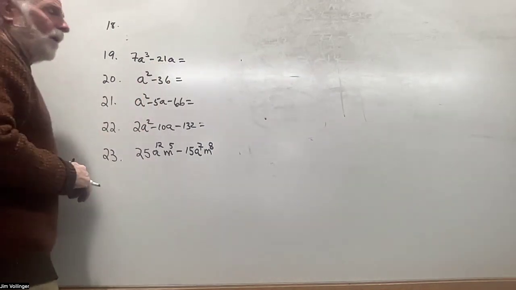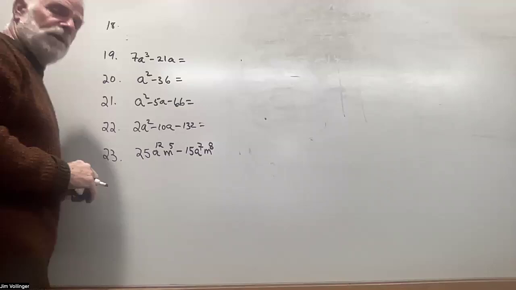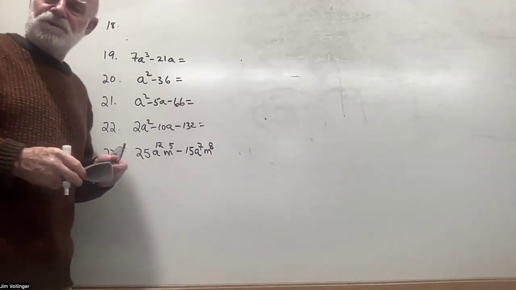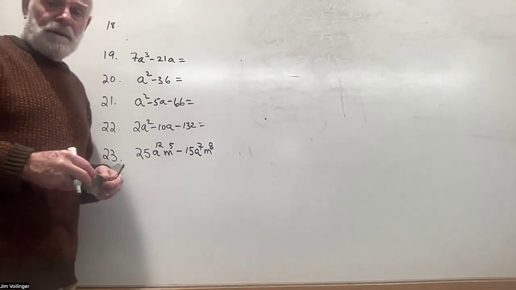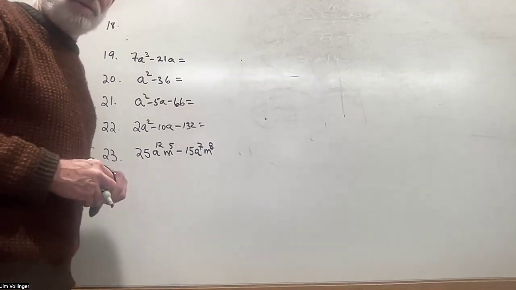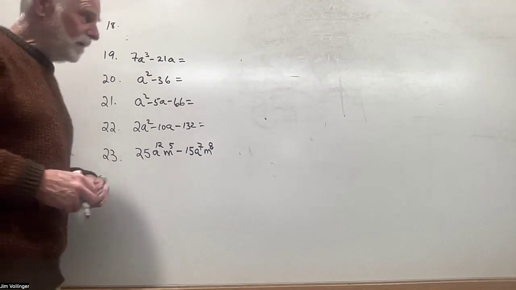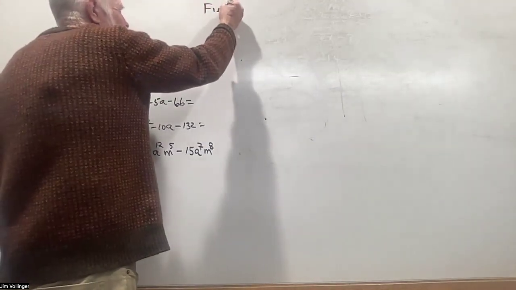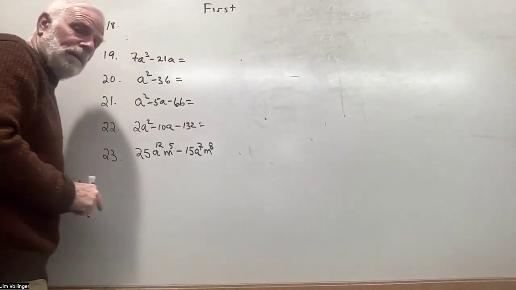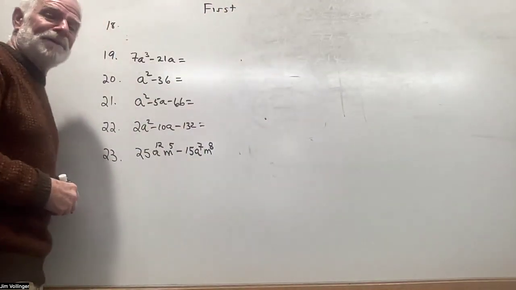So write this as a product, 7a cubed minus 21a. And I ask my students, what's it mean to write something as a product? If I ask what's factoring, I don't hear write it as a product, but we're factoring this. And the first rule, which we will use in future problems here, is take out what's common.